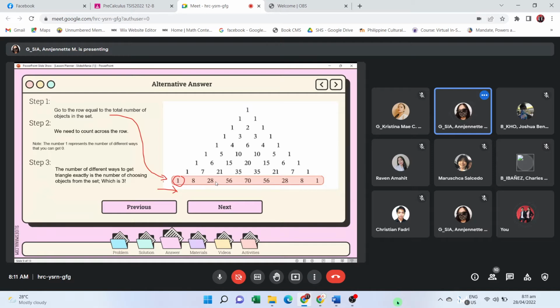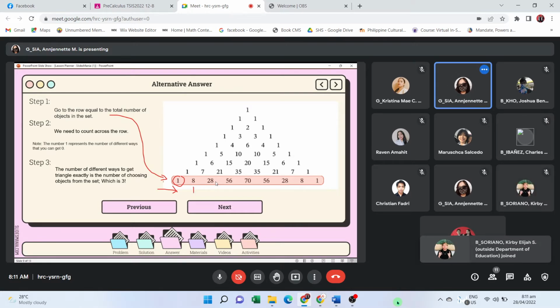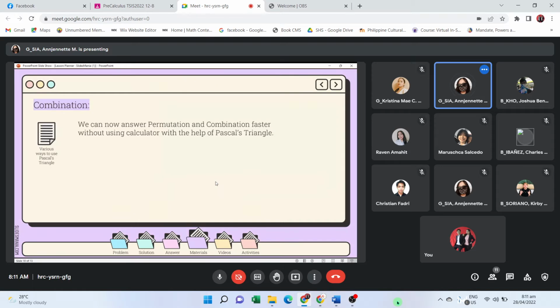Step 3, the number of different ways to get a triangle is the number of chosen objects from the set, which is 3. We will get 8 if we have one dot, we will get 28 if we have a line, and we will get 56 if we have a triangle. So the 56 will be our answer.